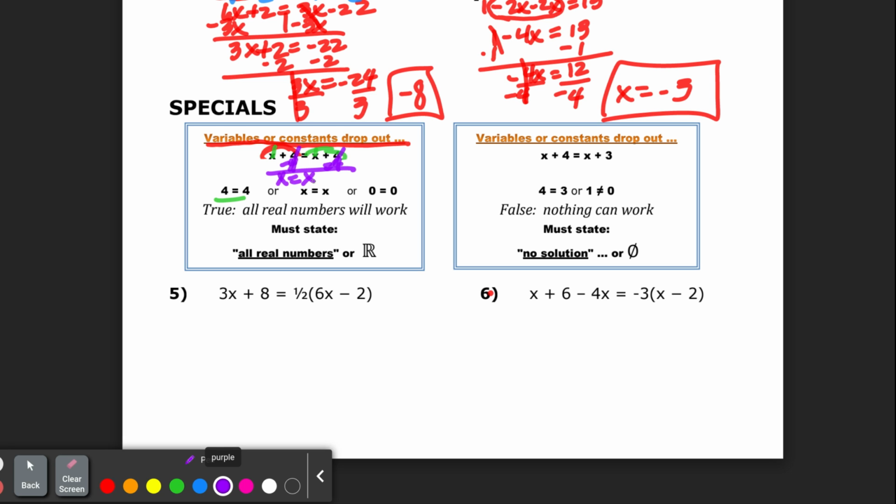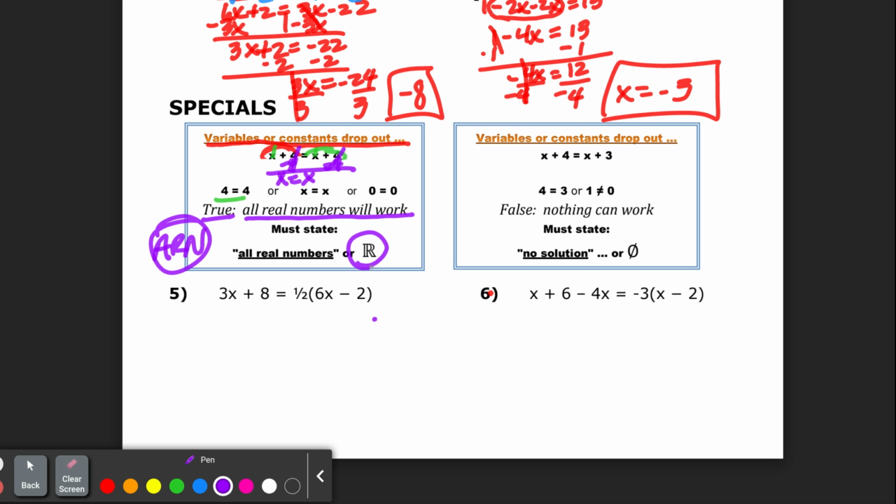So all in all, if the left side is equal to the right side, then any number you put in place of x would make that statement true. So this is what we call, if it's true, all real numbers will work. So you can either say ARN for all real numbers, or you can use that R.